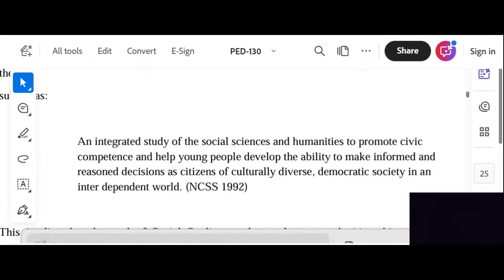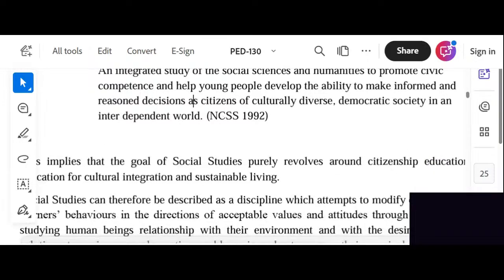An integrated study of the social sciences and humanities. Why? To promote civic competence and help young people develop the ability to make informed and reasoned decisions as citizens of culturally diverse democratic society in an interdependent world.